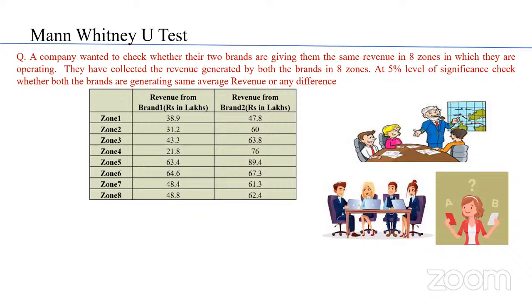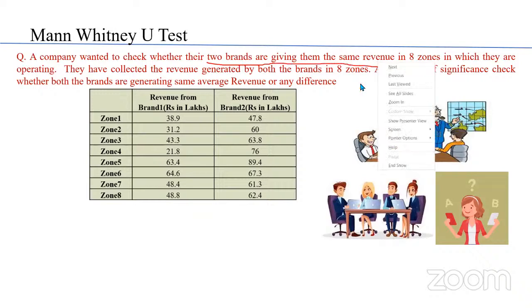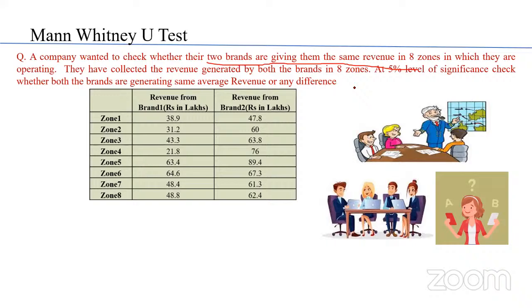If that is fine, okay, so now you see there is a company which wanted to check two brands. There are two brands giving them revenue in 8 zones. So they have got 8 zones and they wanted to check which brand is doing better, brand A, brand B, brand 1, brand 2. Is there any difference in the medians of those brands or not?